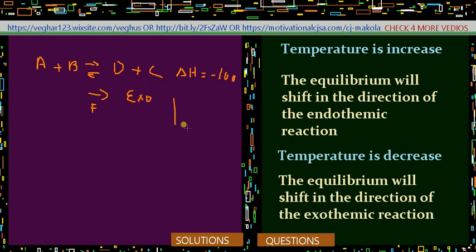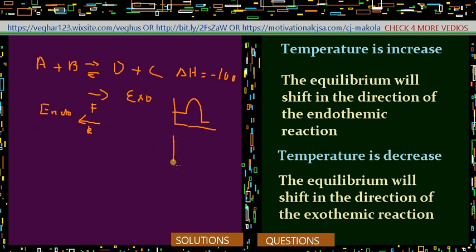The graph of exo is this one: start with the higher energy, end up with the lower energy. So automatically you must know that the reverse one is endothermic. Before they ask you anything, if the forward is exo, the reverse is endothermic.